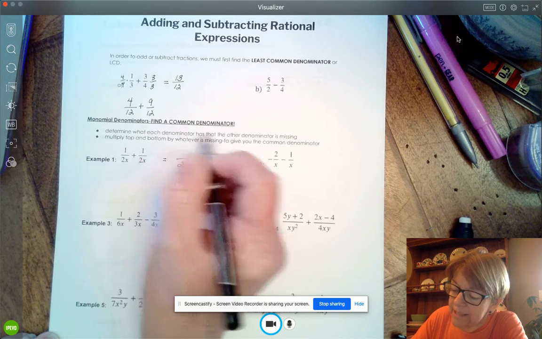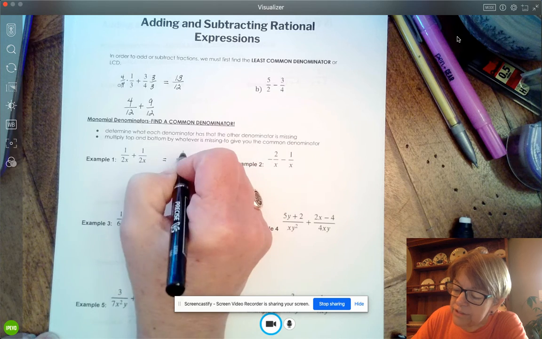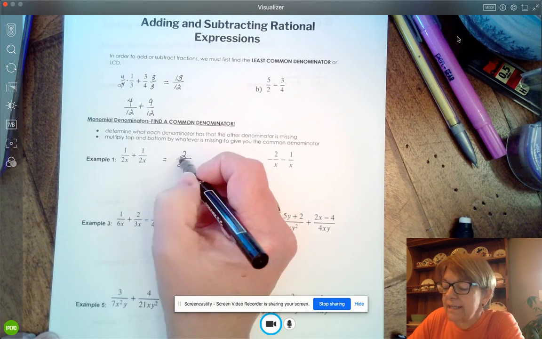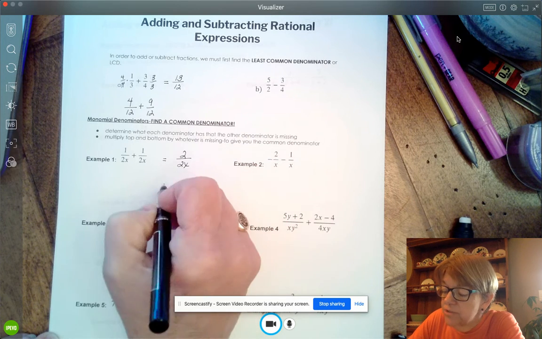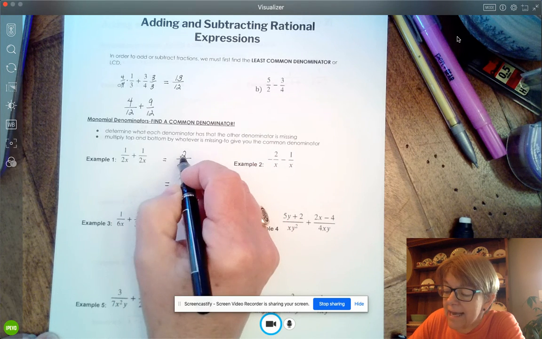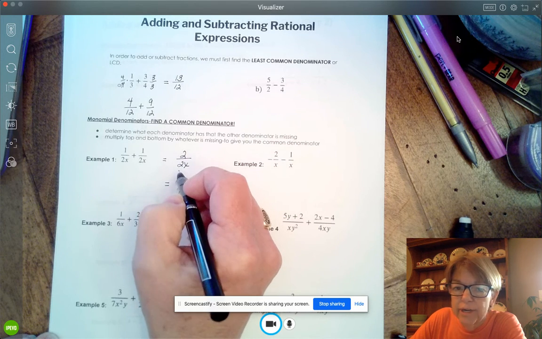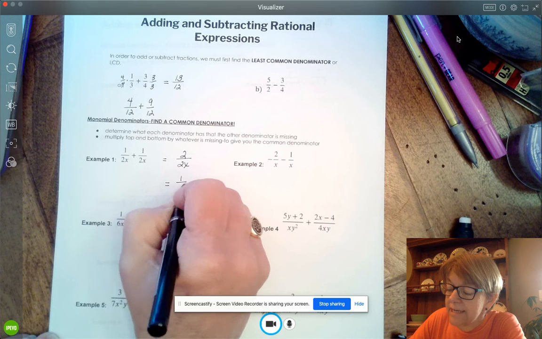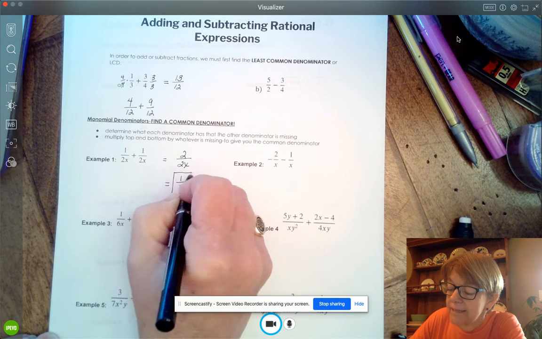That's my denominator, and I can add the numerators. 1 plus 1 is 2. Now, of course, I can see that I can divide these. They will cancel out, and so in my end answer, I have an integer 2 in the numerator, an integer 2 in the denominator. They will cancel, and I end up with 1 over x. And that would be my answer.